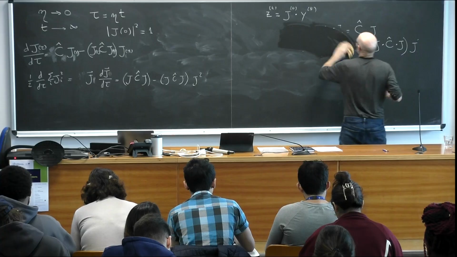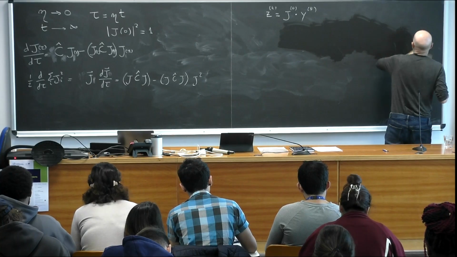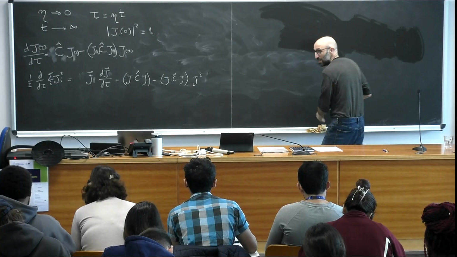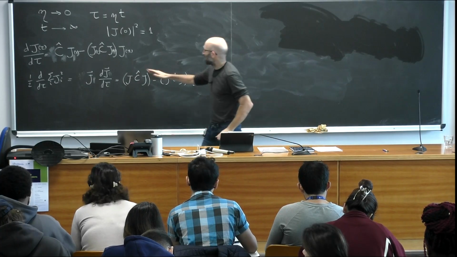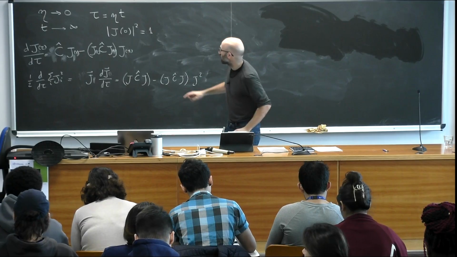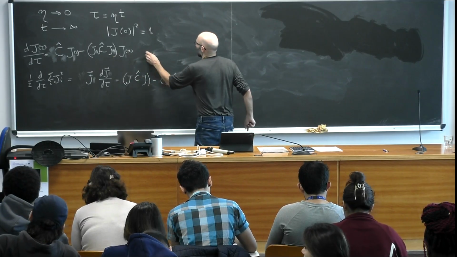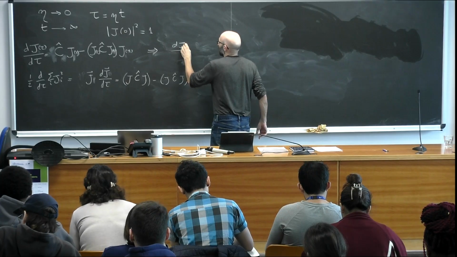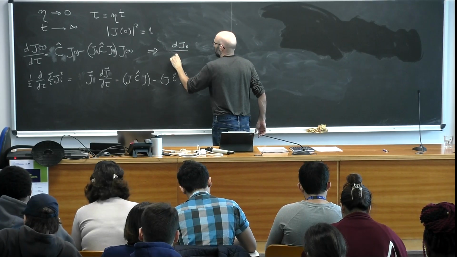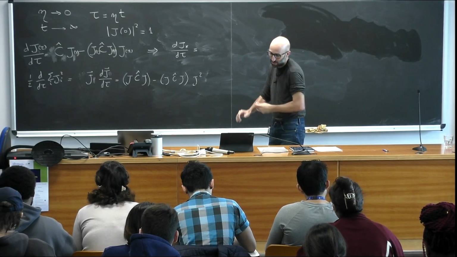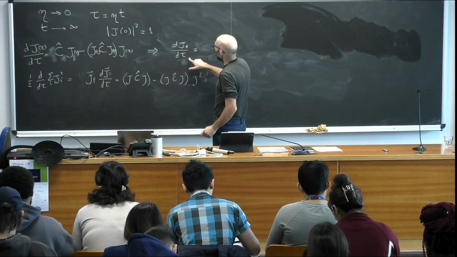And then we can work now to see what happens. We can work in the basis where C is diagonal, okay? Because I'm analyzing the algorithm, so I'm assuming I know C. So if C is diagonal, this will become derivative of jk over tau, where k is the index in the basis where the matrix is diagonal.